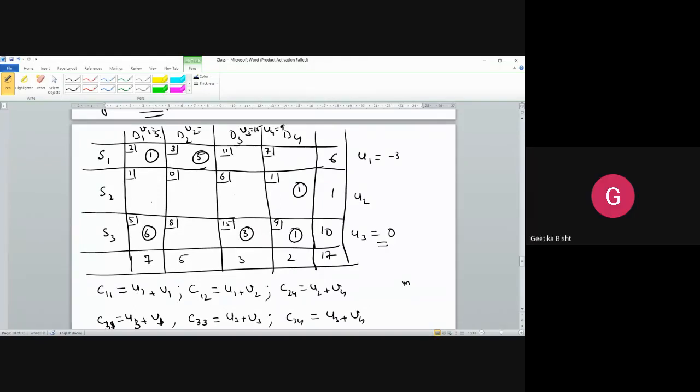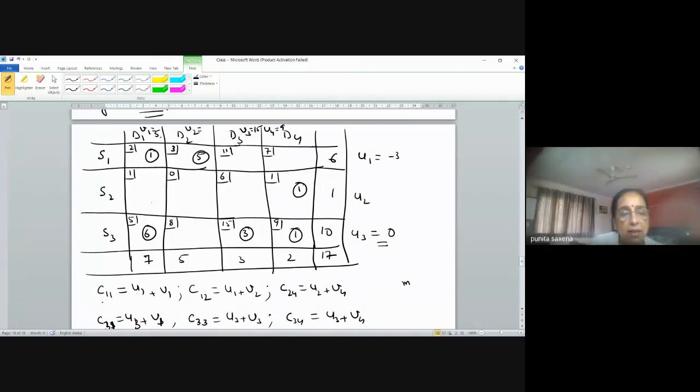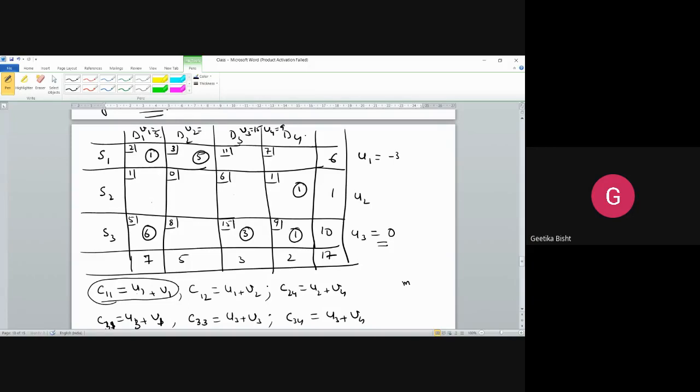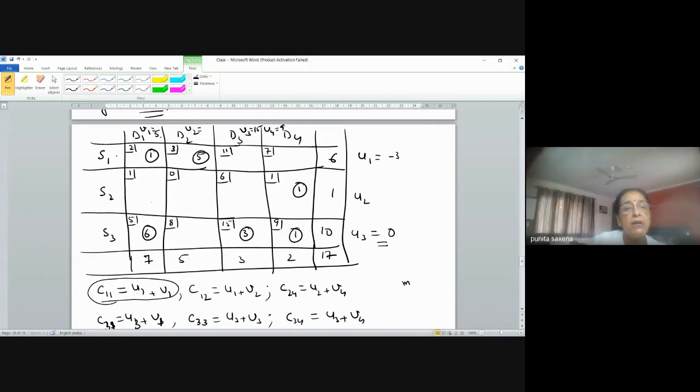C11 is U1 plus V1. हमको तो U1, U2, U3, V1, V2, V3, V4 सबका वैल्यू निकालना है ना बेटा. इसमें आ गया. ठीक है. So since C11 is 2, so 2 is equal to U1 plus 5. So how much is U1? Minus 3. Doesn't matter. U1, U2, U3, V1, V2, V3, V4 doesn't matter even if they are negative.